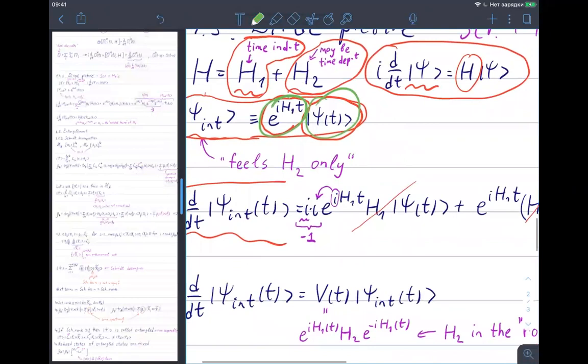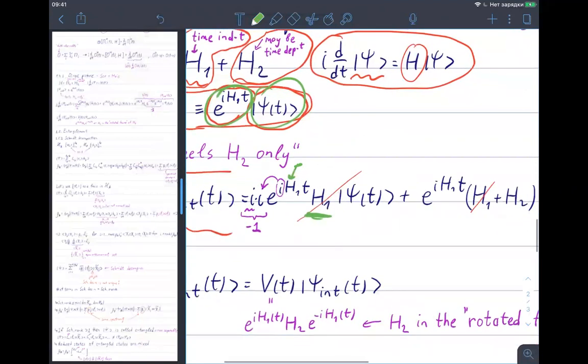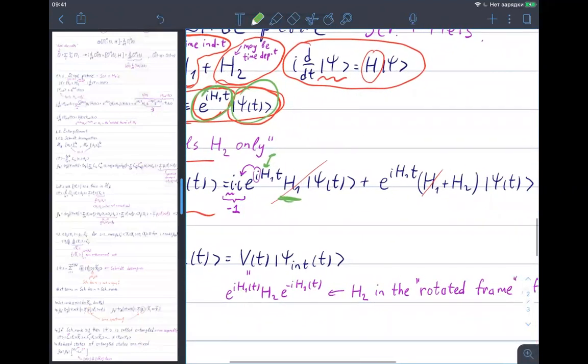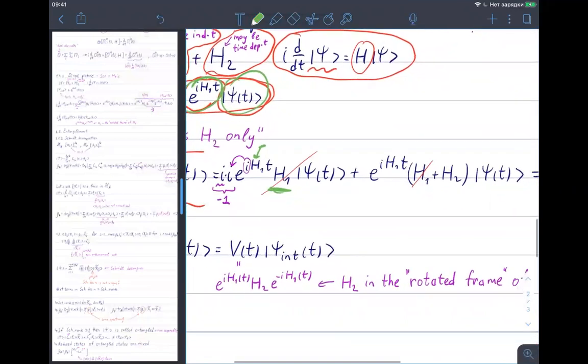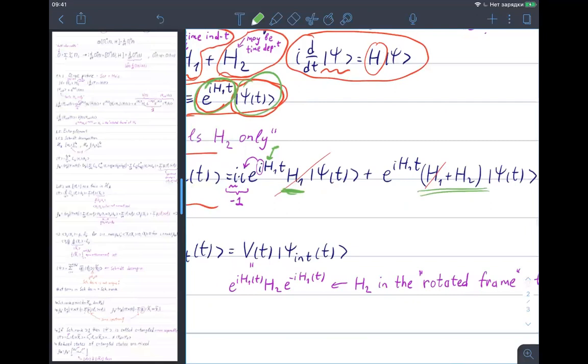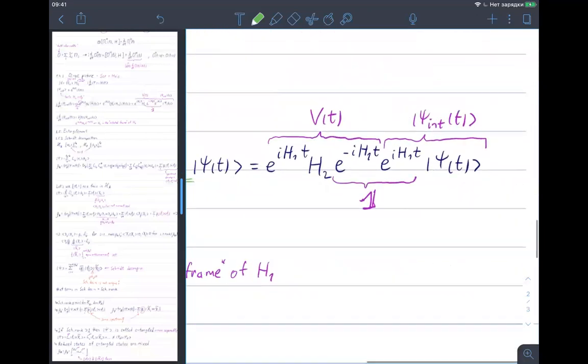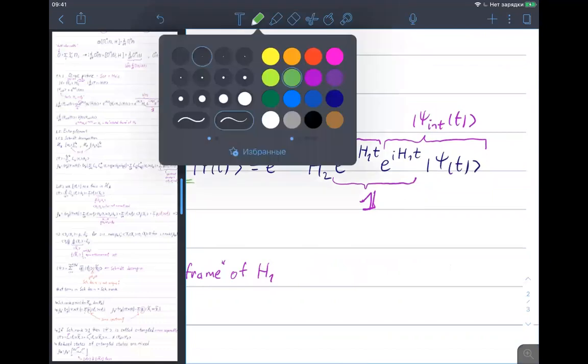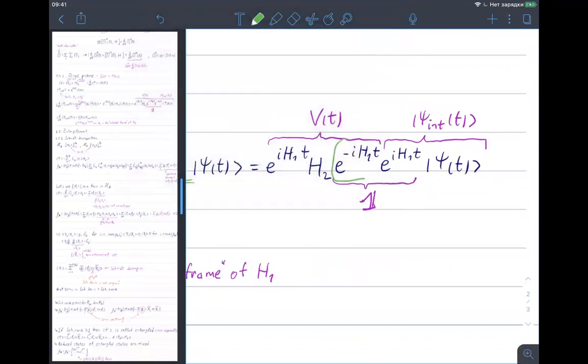If we take the derivative with respect to the H1 part, we have this additional i here, and if we take the derivative of the second part, we have this. So the derivative gives us H1 plus H2, and if we remove this bracket, we see that two of the terms cancel each other, and finally we come to this construction where we introduce an additional identity operator.